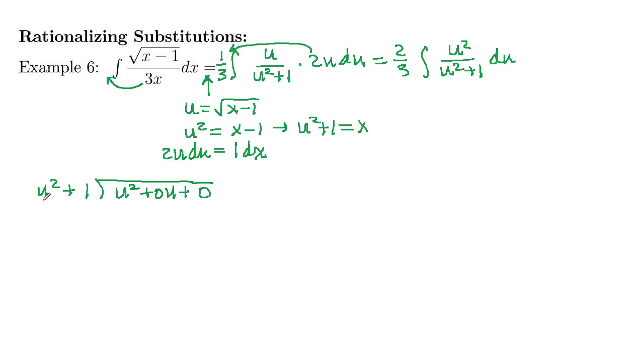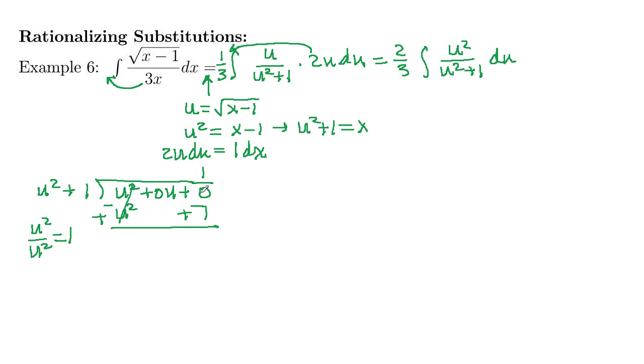So remember, you divide the leading coefficients. u squared divided by u squared is equal to 1. So you get a 1 here, times u squared plus 1. So u squared plus 1, and we subtract. So change our signs and add. Minus, minus, plus.